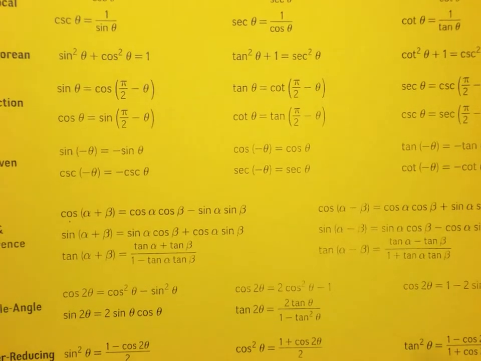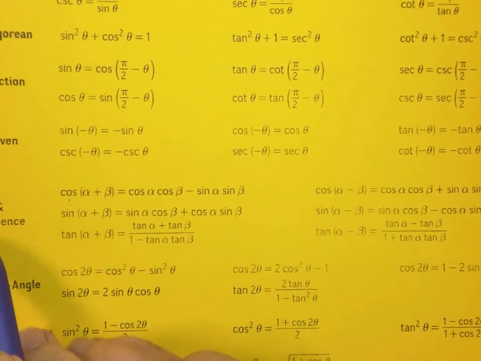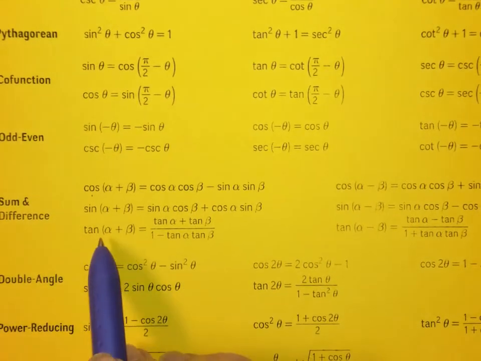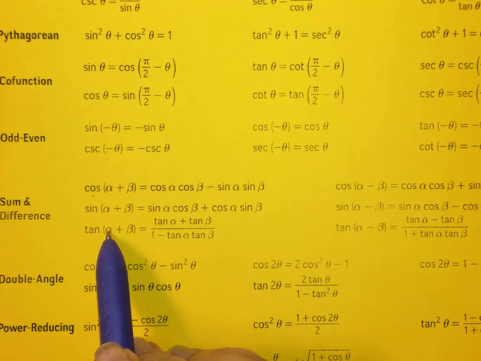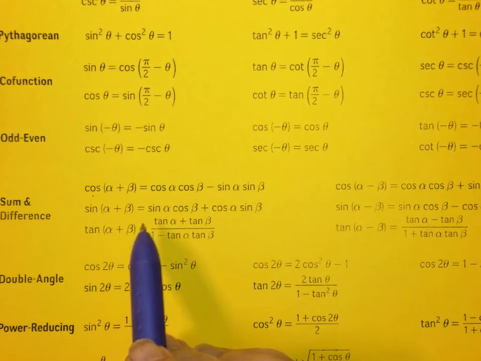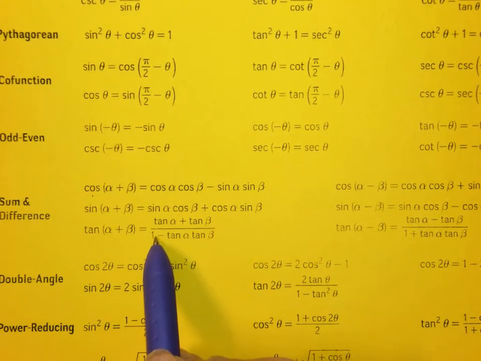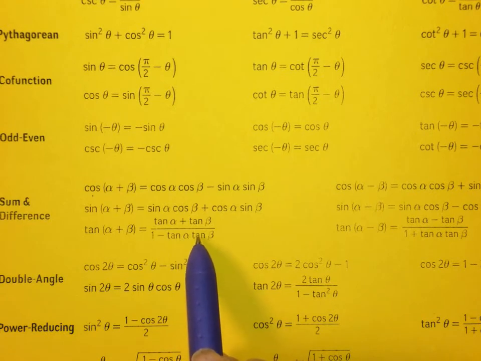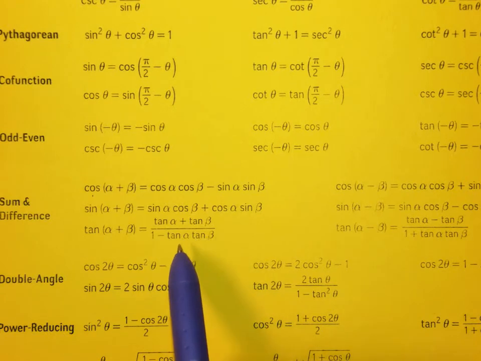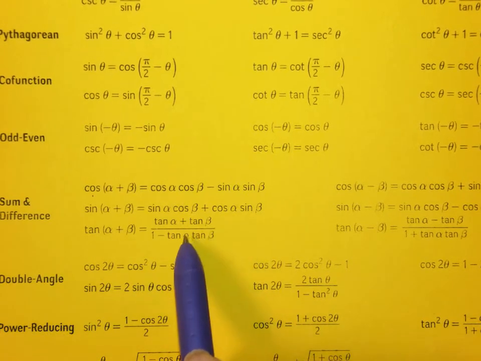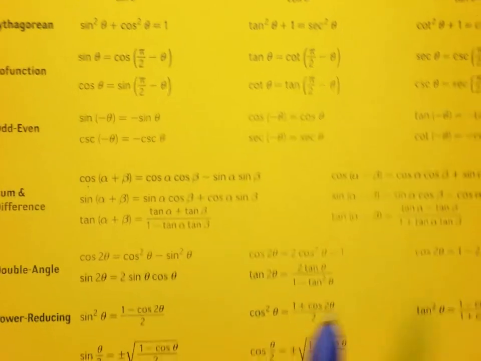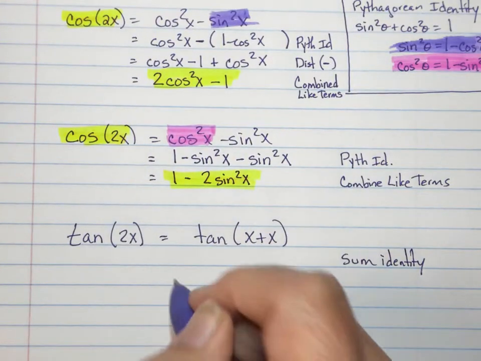So I look here. My sum for tangent says tangent of alpha plus beta is the tangent of the first angle plus the tangent of the second angle over 1 minus the tangent of the first angle times the tangent of the second angle. But now alpha and beta are all the same angles. They're all x.